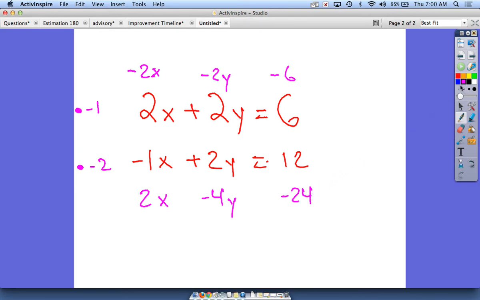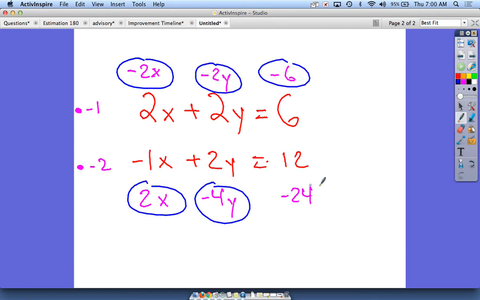So now let's focus on the numbers we're supposed to be looking at here. We want this one, this one, this one, that one, that one, that one. I can cancel out these two to get rid of the x's. Negative 2 and positive 2 will cancel out. So now let's put these together. Negative 2 and negative 4, negative 6y.